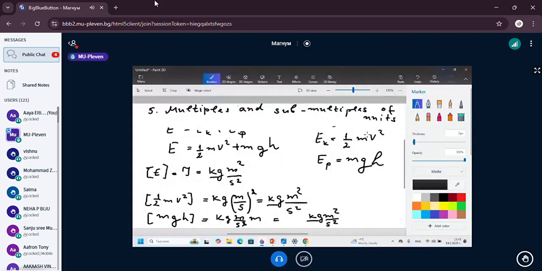Example, the mass of the Earth, it is a very big number. Let me write it, but before that, let me clear the board.